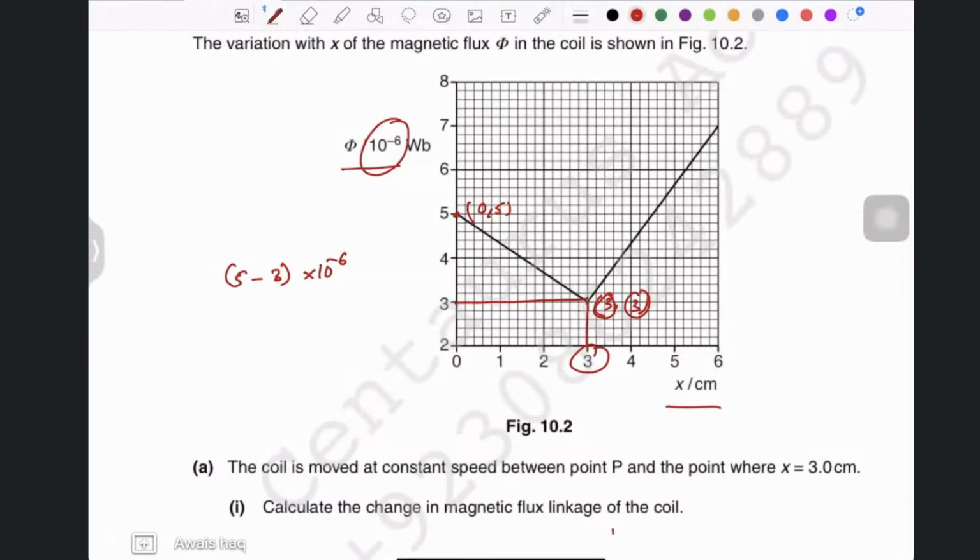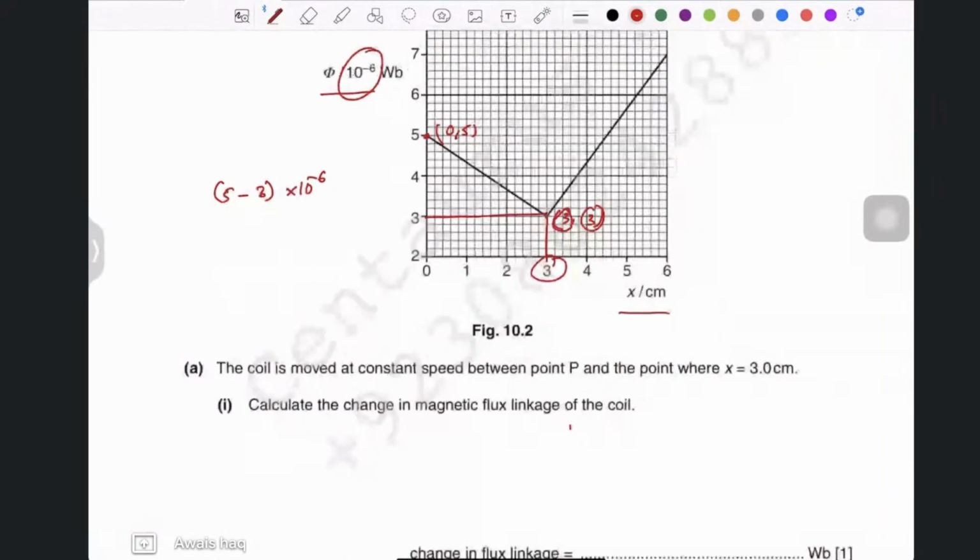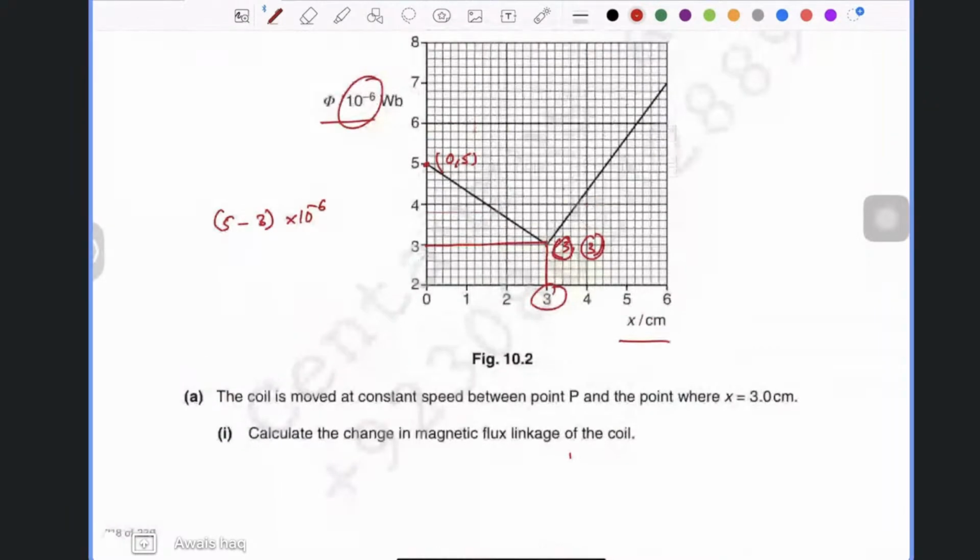So why did we do this? Because it's asking us to find the change in flux linkage. That's why we're doing this. And then we had to divide, like for 3 centimeters, 0 minus 3 and then 10 raised to minus 2, because it was centimeter, we had to change it into meters. And then there are 40 turns in the coil, so we'll multiply 40.